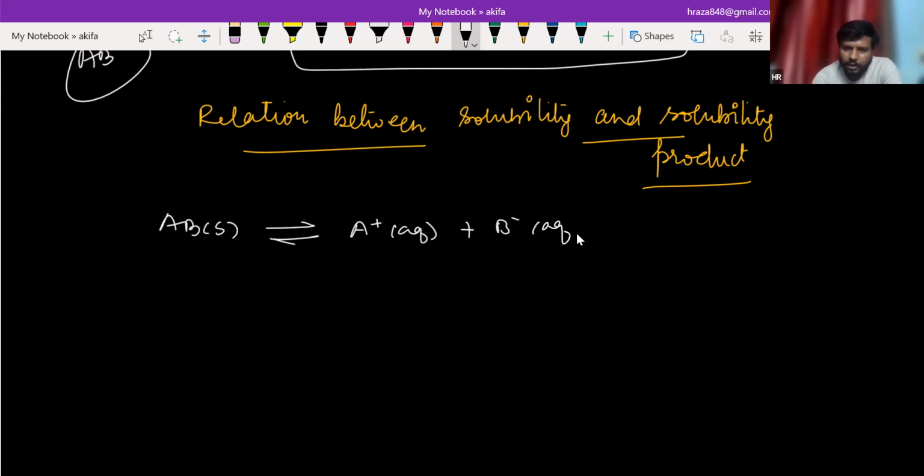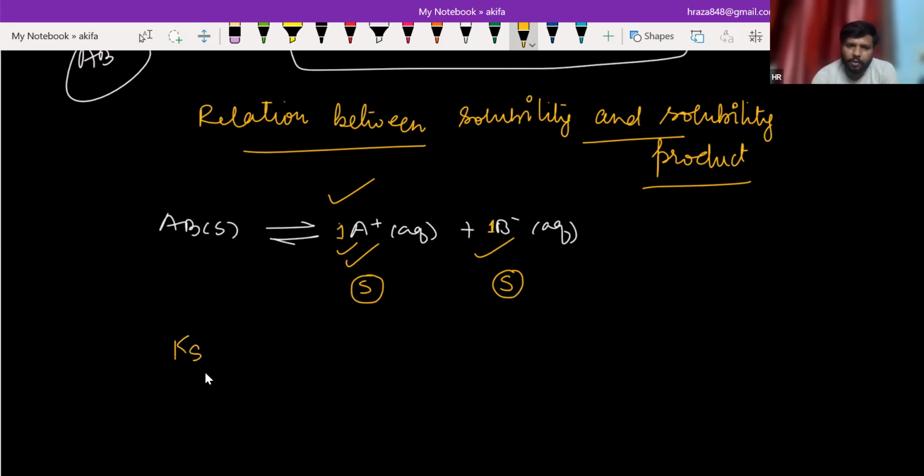Now see, here the number of moles is 1, so take the solubility as S, and here it is also S. If A plus has solubility S, B minus will also have S, because the coefficient is the same.